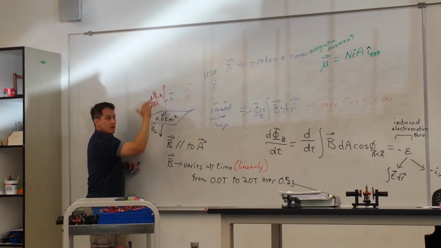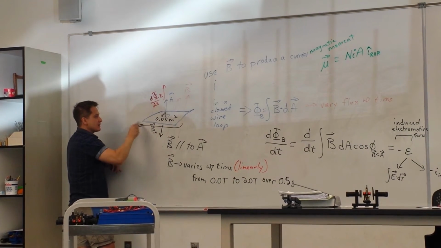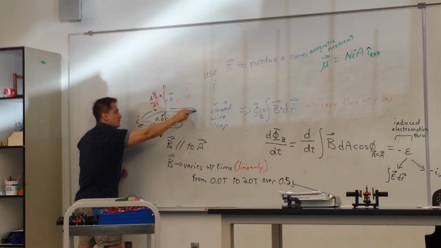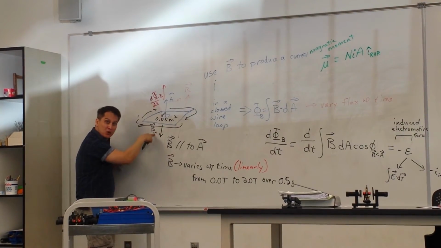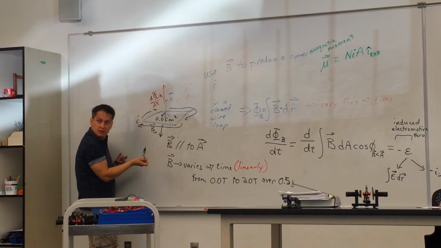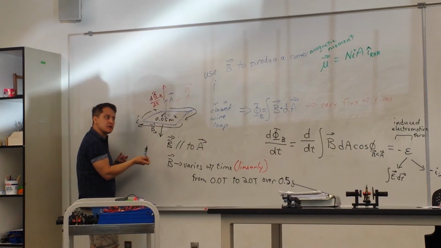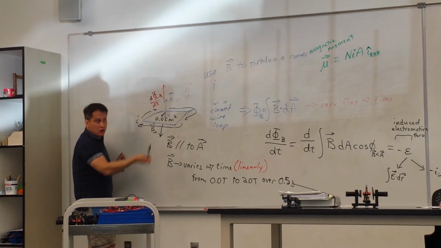It would have to go this way, right? So it would generate a current that flows this way, because that current will generate an opposing magnetic field to the increasing magnetic field. It's an opposition effect. It's a drag effect, if you will. That's all the minus sign means.